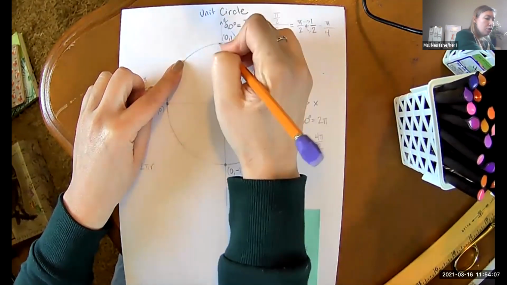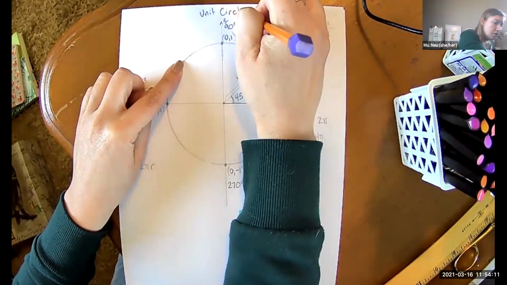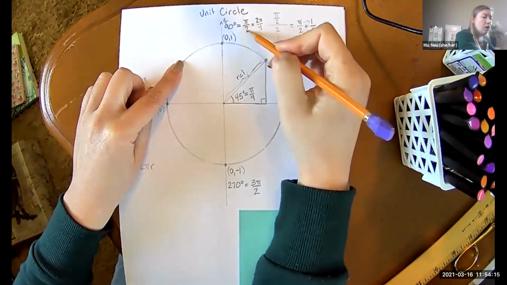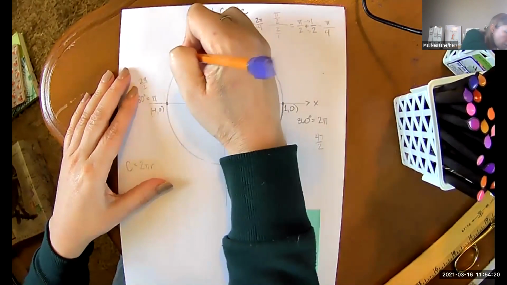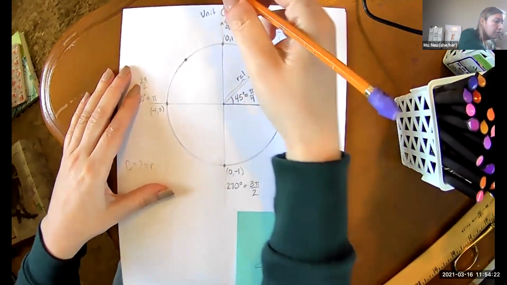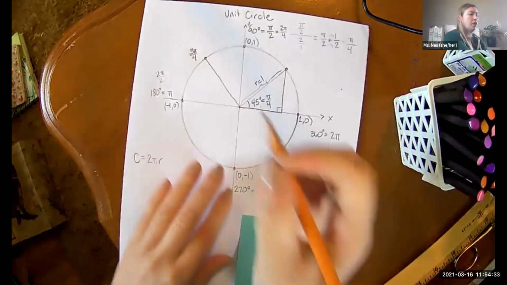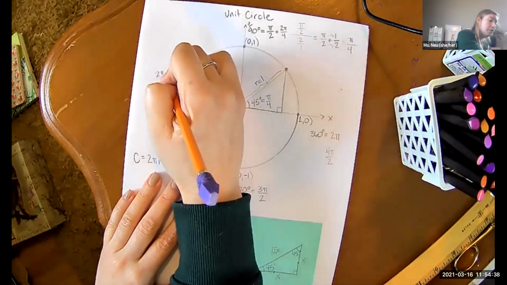This is going to be 2 pi over 4, same thing as pi over 2. Then this is going to be 3 pi over 4. 4 pi over 4.